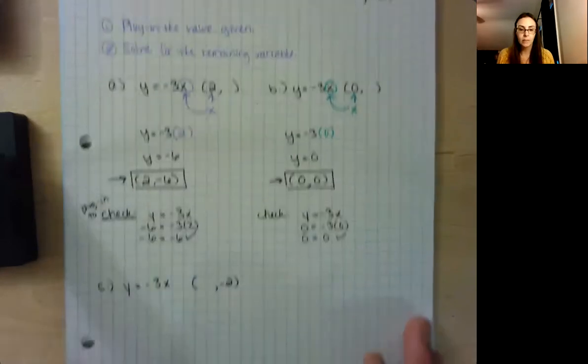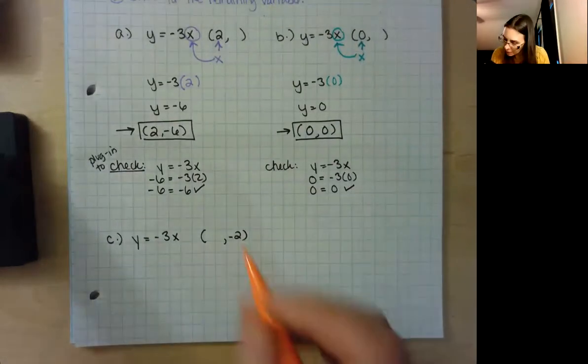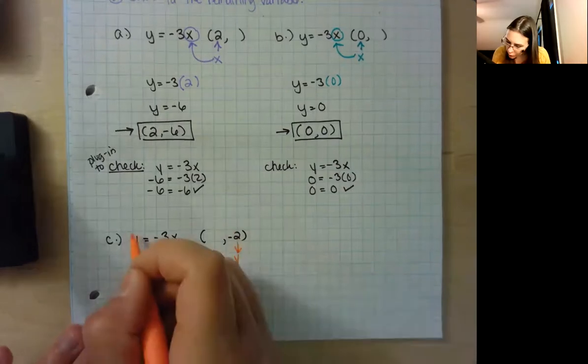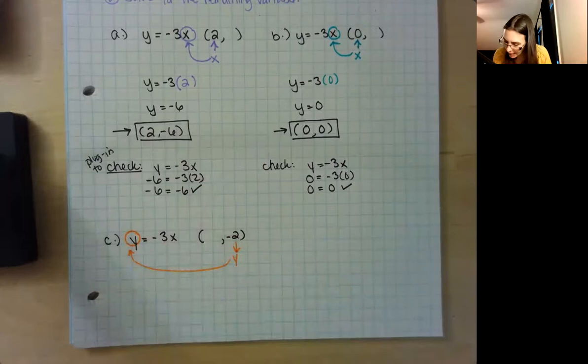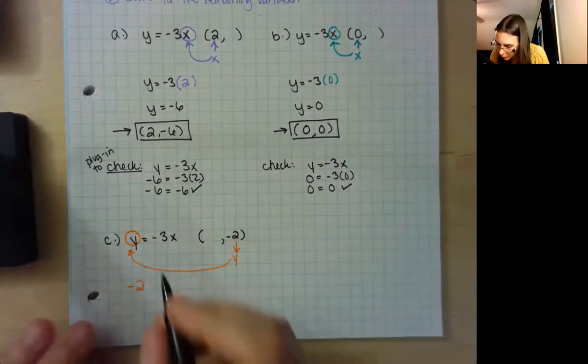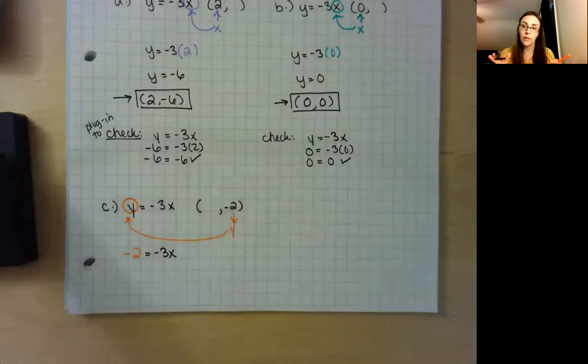And let's do the last one. So now in this particular case, I have a y value instead, which is fine. So I'm going to replace the y value here. Okay. So I have -2 is my y value equals -3x. Now here I have a little bit more work. So think about how would you solve this equation?